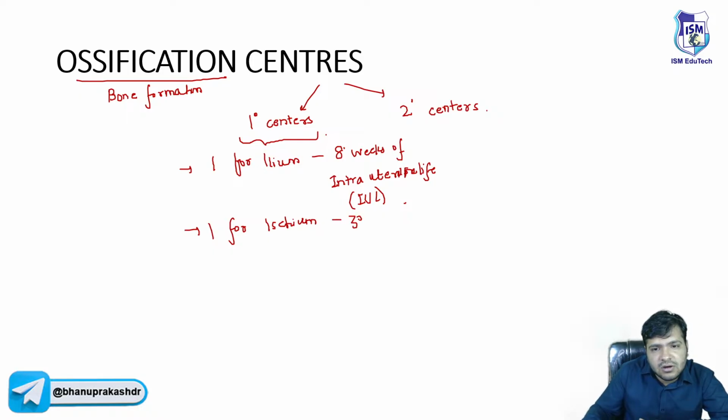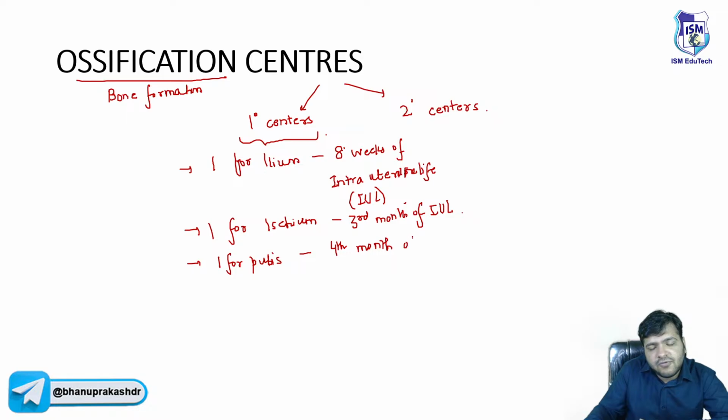So remember beta, one for ilium, one for ischium, that is around the third month of intrauterine life, one for pubis, that is around the fourth month of intrauterine life.